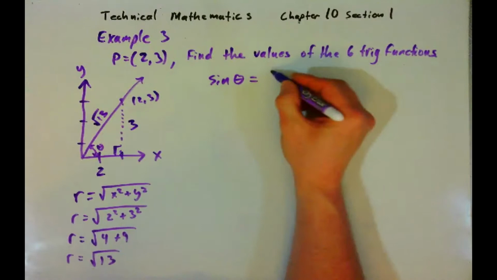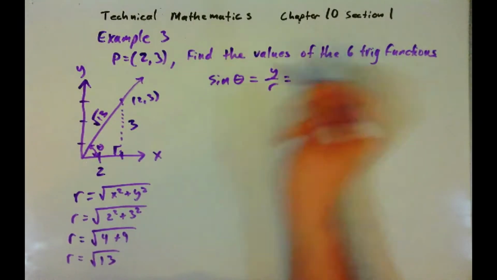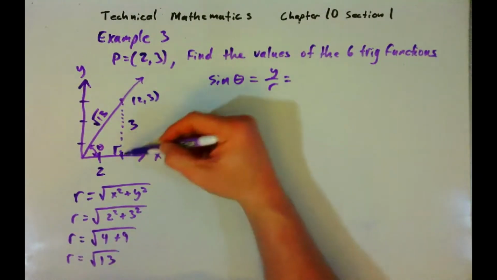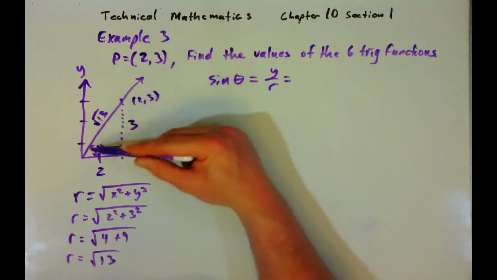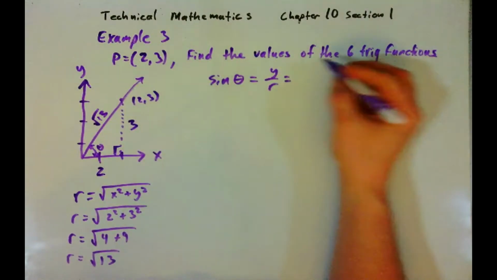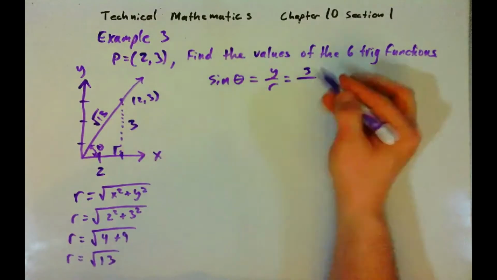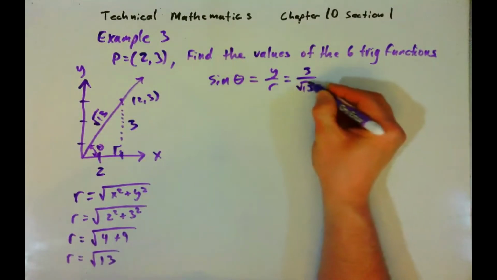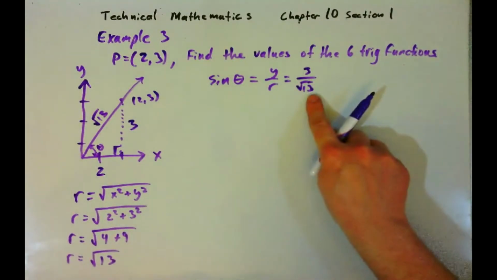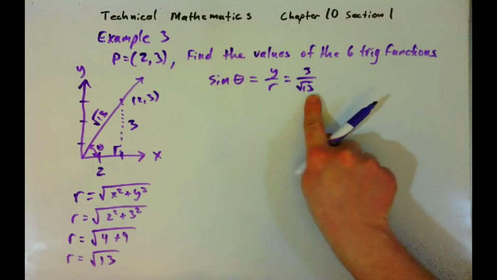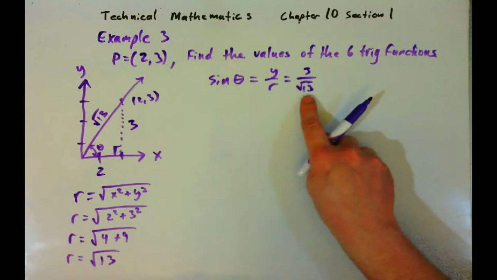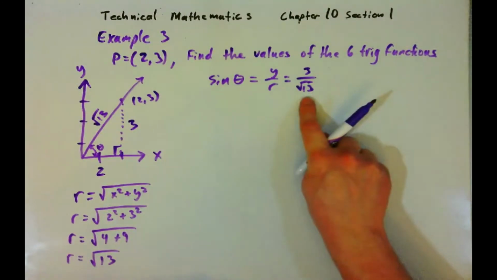The sine of the angle is always going to be y over r. The y value is 3, right? That's the length of the opposite side of the angle. So the y value is 3. The hypotenuse is radical 13. Now, because radical 13 is represented by a decimal that is never ending and never repeats, we want to try not to have any radicals in the denominator.